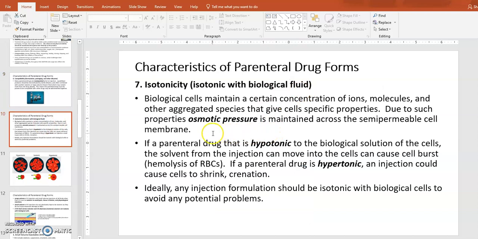Another requirement is isotonicity. Isotonicity, what does that mean? Your drug is a biological molecule normally made by a biological system, and biological systems have certain constant conditions. Of course, number one is what?